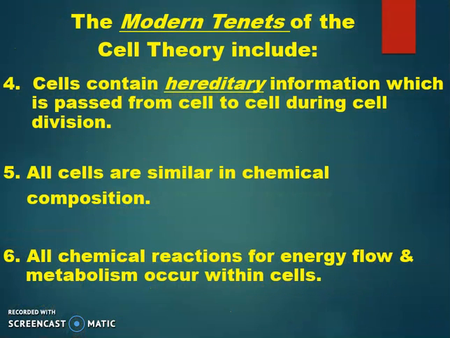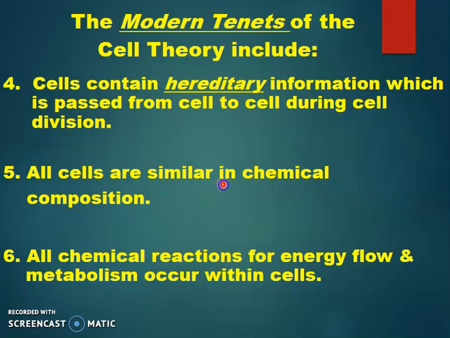Today, we've added several more based on, obviously, the technological advancement we've had in the last 200 years. So, one of the new ones is we now know that all cells contain hereditary information. In other words, they have DNA. We also know, based on advanced technologies, that all cells, bacteria, plant, animal, fungus, you name it, are pretty much chemically the same, meaning that they're made of proteins, carbs, lipids, nucleic acids.